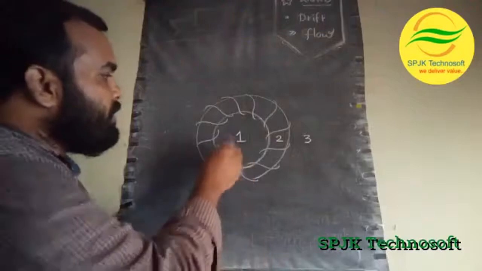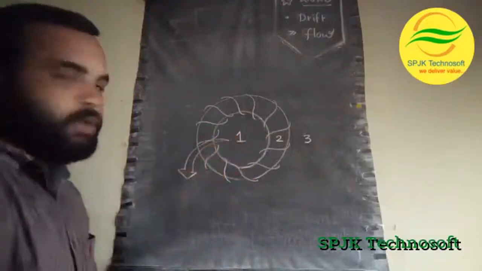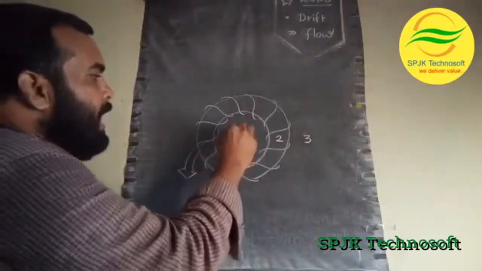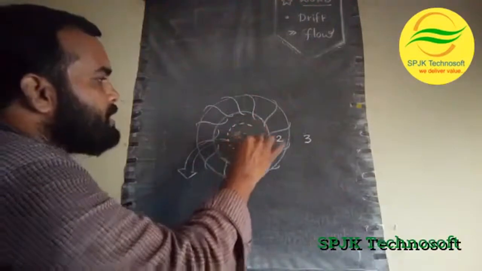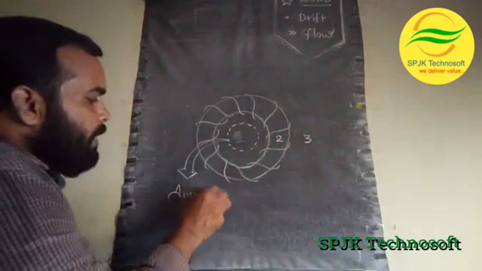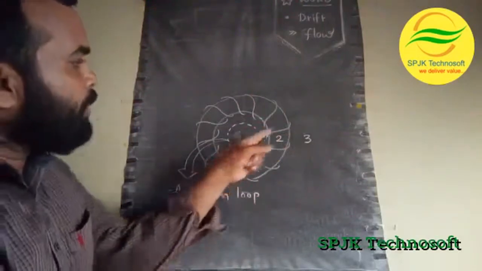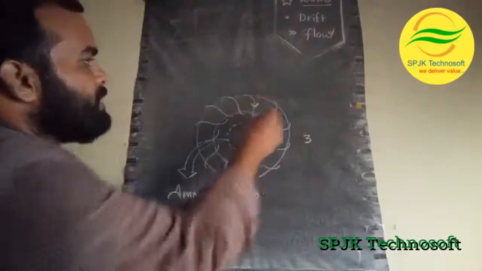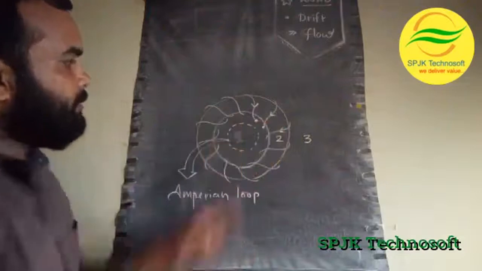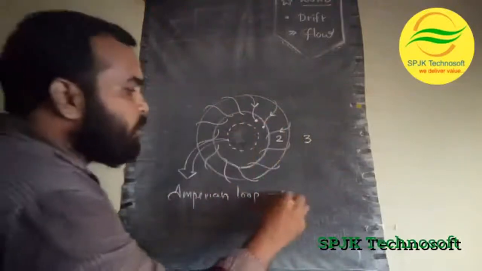Now first of all, let us discuss inside the toroid. To calculate the magnetic field strength inside the toroid, please see here I am taking a dotted line. This dotted line is the Amperian loop. Because these are the currents flowing in the wire, this is the wire inside here. But if you take this Amperian loop, it doesn't enclose any current.